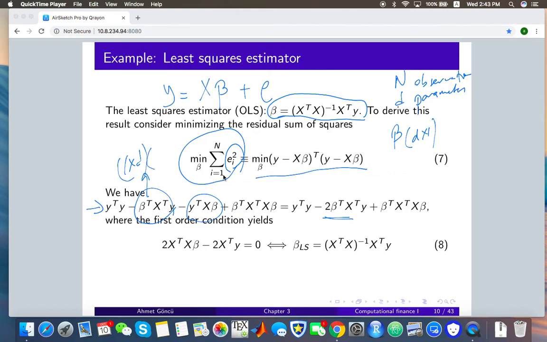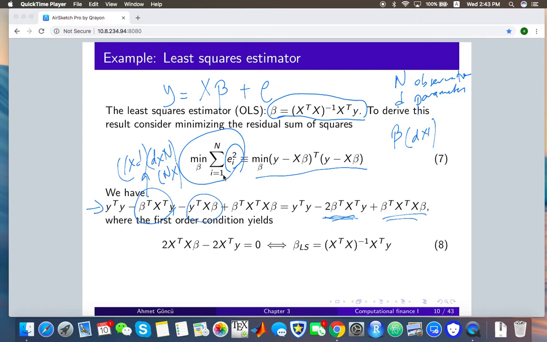Your x, which is your data, is going to be transposed, so this is d by n, and your y, the dependent variable, is a vector of n by 1. So what you can see is it is a scalar, and the transpose of a scalar is the same thing, so we can combine these two terms together, and we have the last term here.